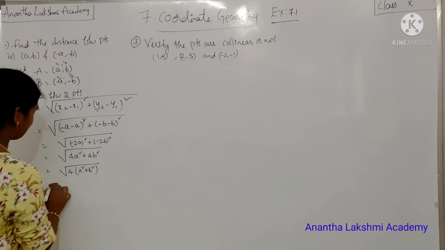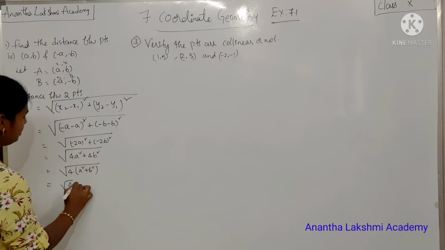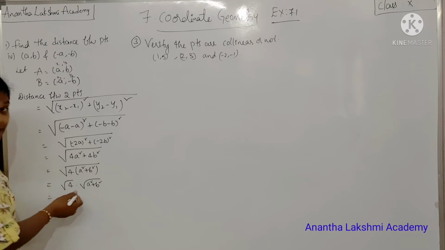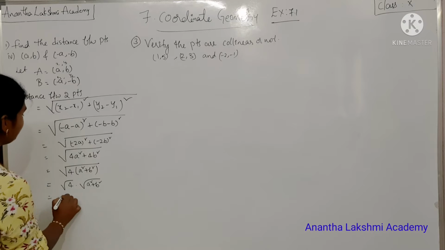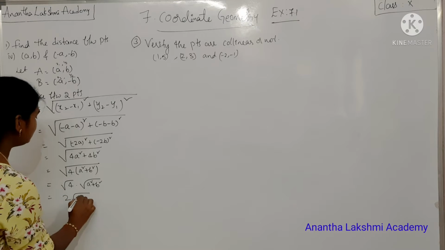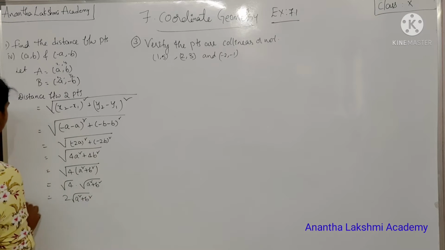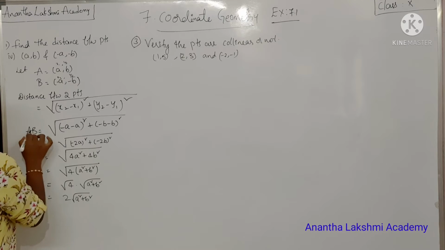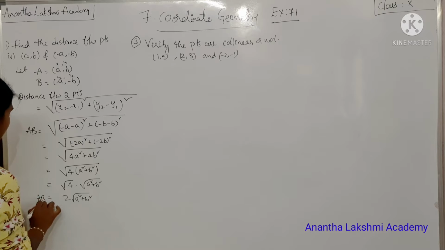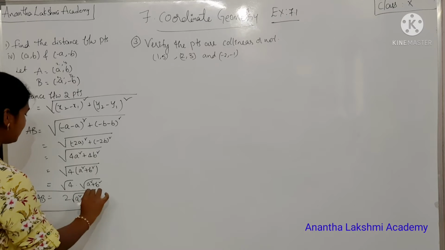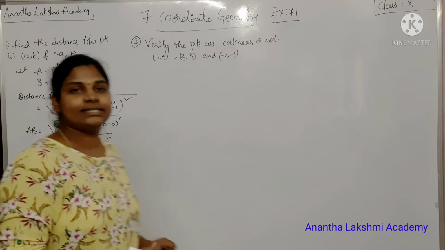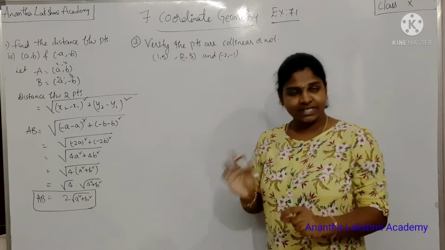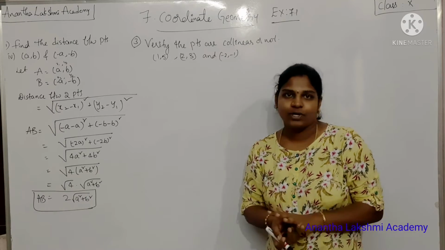If I split this into under root of 4 into under root of a square plus b square, under root of 4 is nothing but 2, so 2 root a square plus b square. This is nothing but the distance between the points A and B. So AB is going to be 2 root a square plus b square. That is about the very first problem in exercise 7.1.